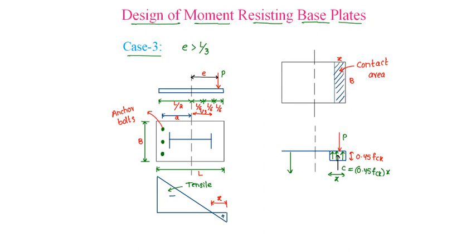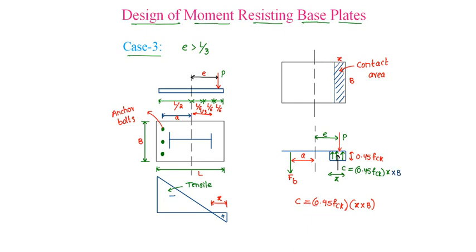From the top, the P load is acting at an eccentricity of E, and the force in the bolt, let us say FB, acts at a distance of A from the center. So our compression force is 0.45 FCK into X into B, where B is the width of the slab.